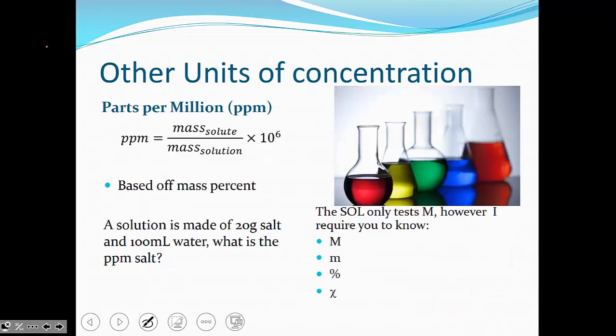Mass percentage is actually what your parts per million are based off of. Parts per million is simply the mass of your solute divided by the mass of your solution times 1,000,000.